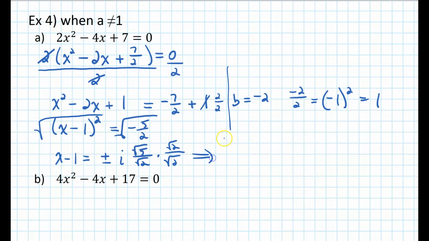Okay, so let me come over here. In the end, I have to add the 1 to the other side. So I get x is equal to 1 plus or minus the square root of 5 times the square root of 2, which is the square root of 10, divided by 2, and my i is still there. I never went away.